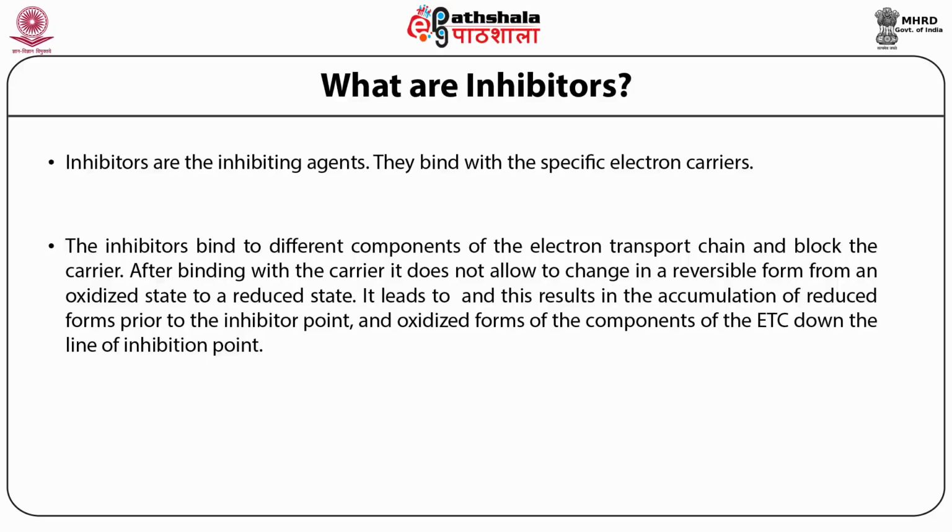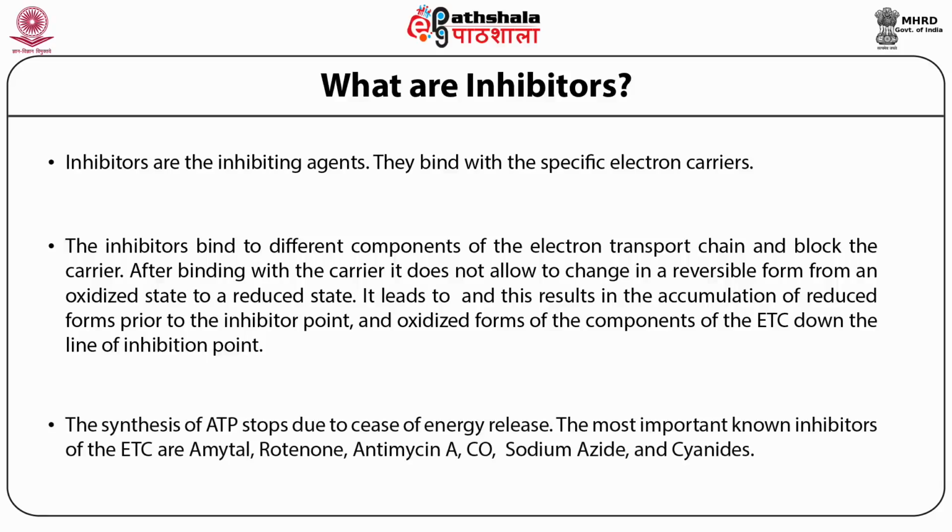After binding with the carrier, it does not allow the reversible change from an oxidized state to a reduced state. This results in the accumulation of the reduced form prior to the inhibitor point and the oxidized form of the components of the electron transport chain down the line from the inhibition point.